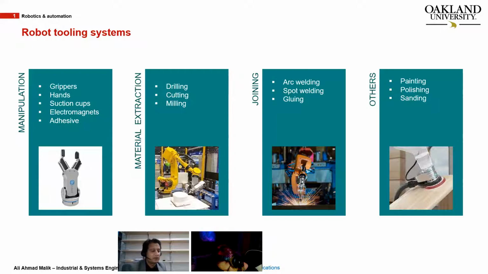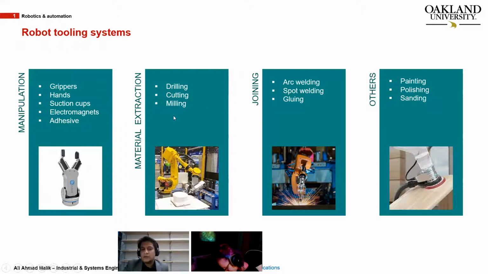By manipulate, I mean they pick the component from one location and place it at another location. All this pick and place is the most common application of robots in manufacturing. All this robot manipulation is done through different types of grippers, so we can make one class of these manipulation related grippers.